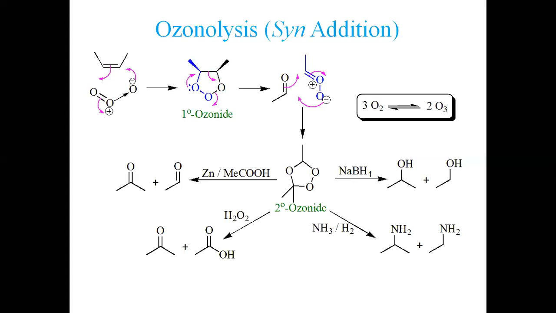This fragrance is in fact due to ozone. Due to electric discharge, ozone is also synthesized. For example, in the clouds, electric discharge takes place due to lightning, which is also very high radiation. That also converts molecular oxygen into ozone.